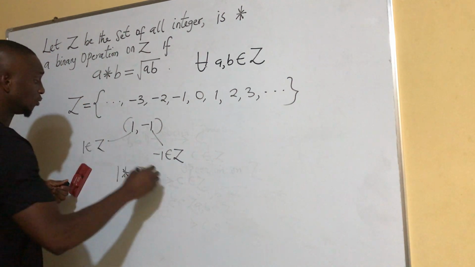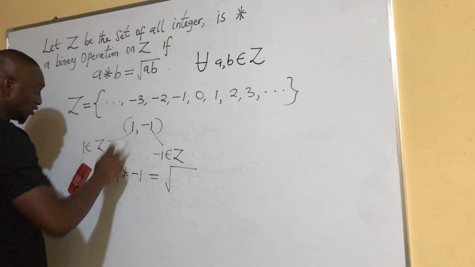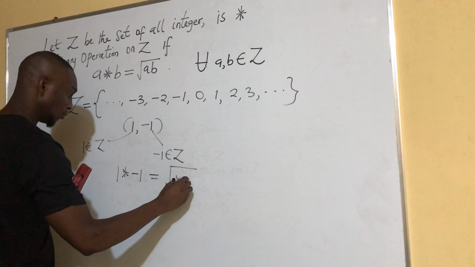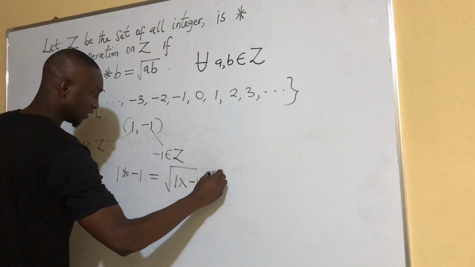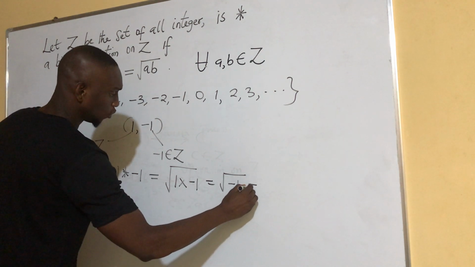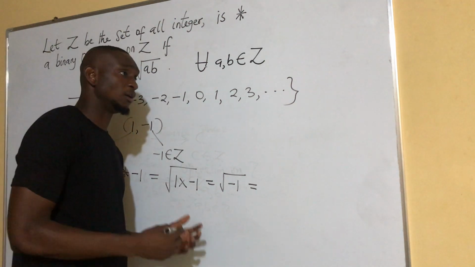What happened? We have the square root of A times B. So here is A, we have 1 multiplying -1. What happened? We have the square root of -1, and the square root of -1 is an imaginary number.